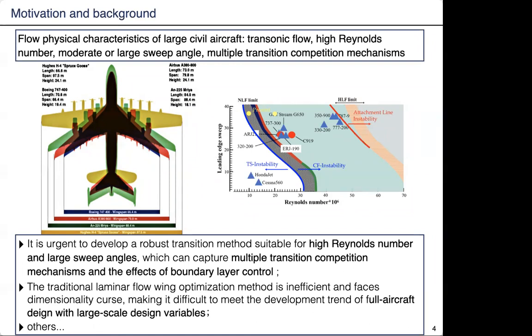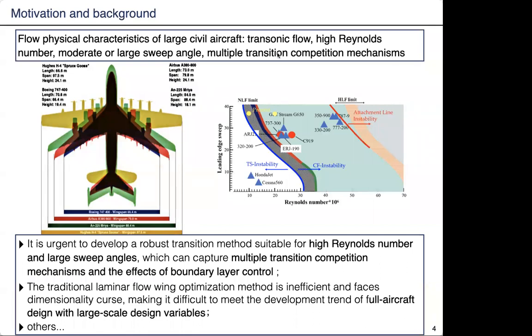And for the Tollmien-Schlichting waves and the cross flow, the pressure gradients have opposite effects. For example, a favorable pressure gradient can amplify the cross flow, but suppresses the Tollmien-Schlichting instability.